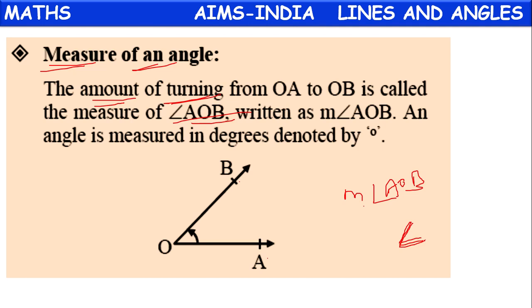Angle is usually measured in degrees, denoted by a small zero in the place of the exponent. Suppose 30 is there, 30 degrees, like this. This zero stands for degrees. In this way we can measure one angle.